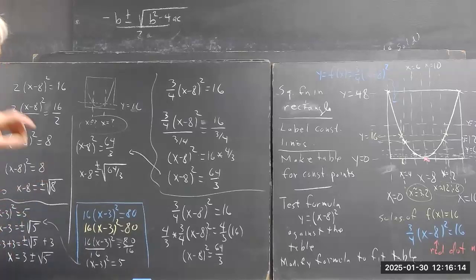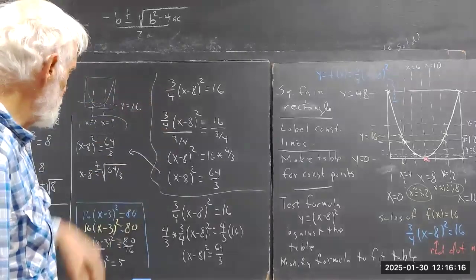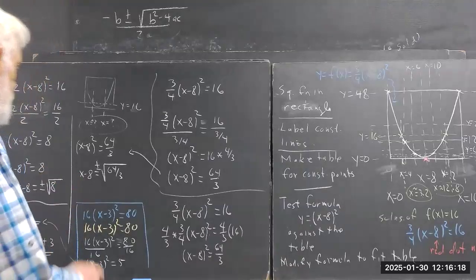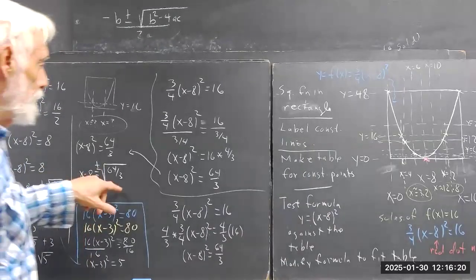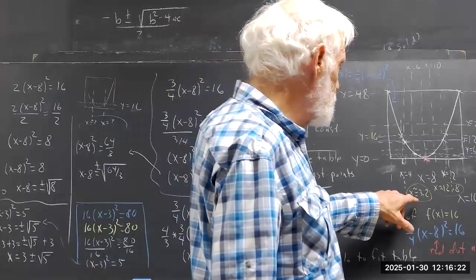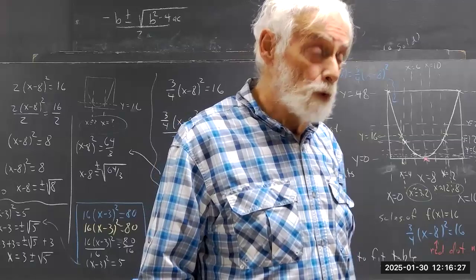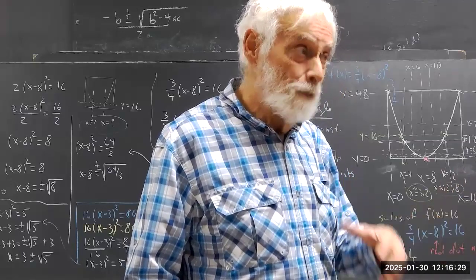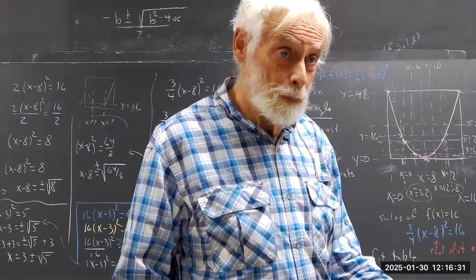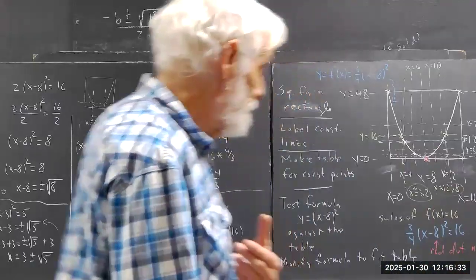Okay. For this function, if we complete this, we ought to get numbers close to 3.2 and 12.8. Those are my estimates. If I estimated halfway well, it should work.